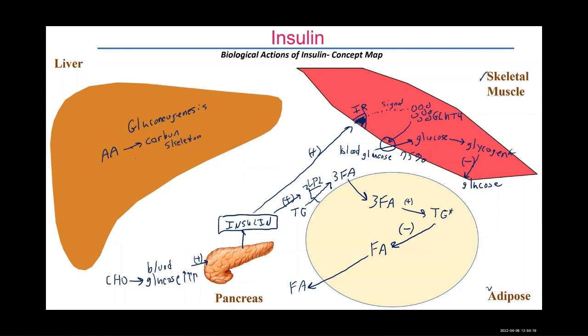And then of course, we already removed that nitrogen, so now we have the carbon skeleton, and that's what's going to be used to make glucose. And then this glucose can lead to what we call hepatic, meaning your liver, glucose production.